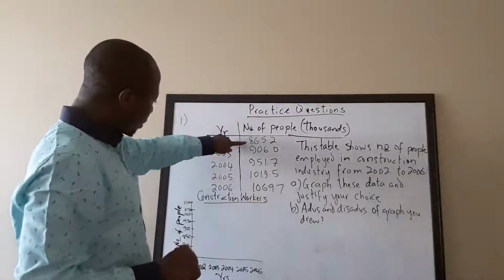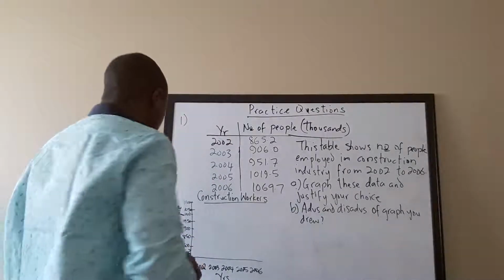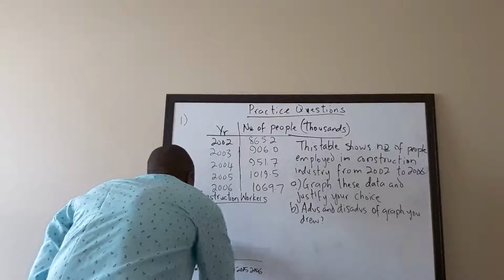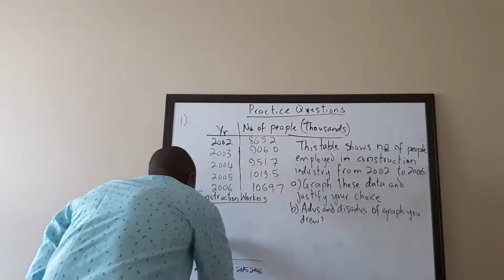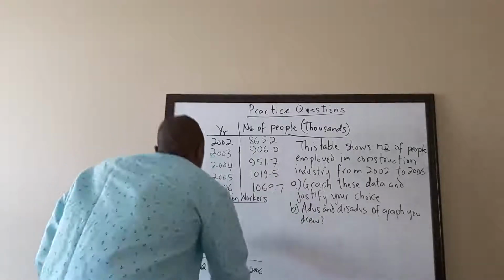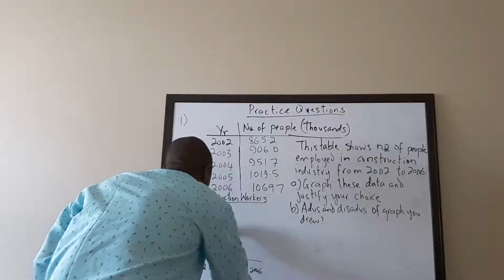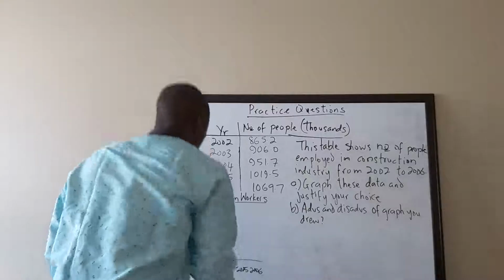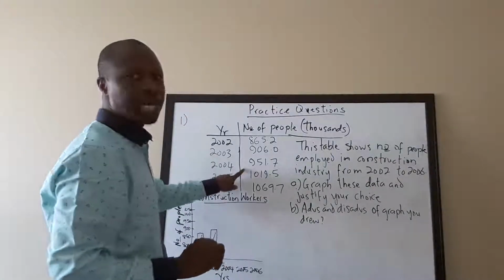So the first one is 865. So that one is going to be here. The second one is 906. That one is here. The next one is 951.